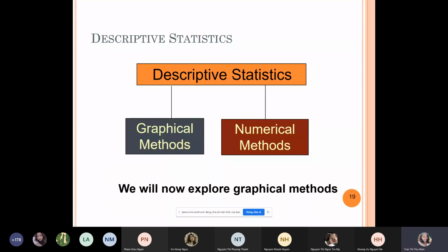Remember that for statistics, we have two main branches. The first one is descriptive, and the second one is inferential. For descriptive, we have two main branches: graphical methods and numerical methods.